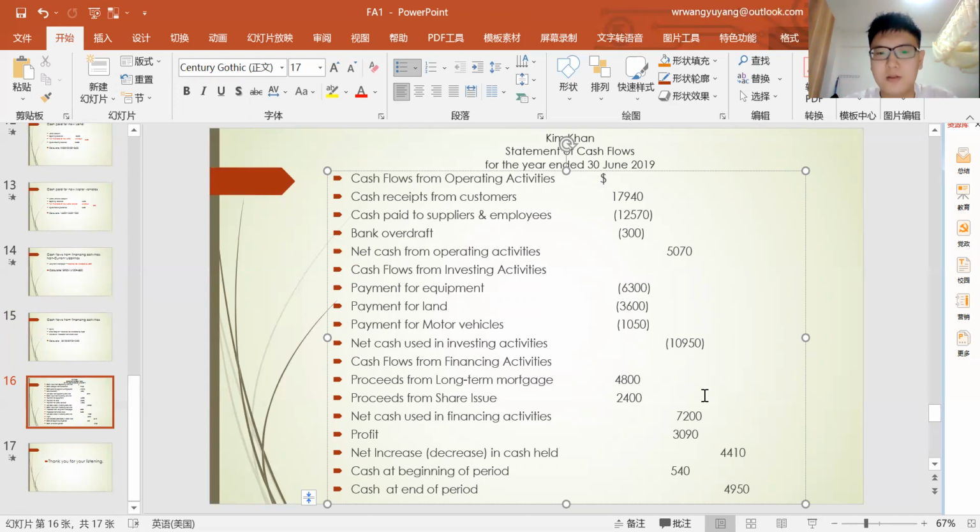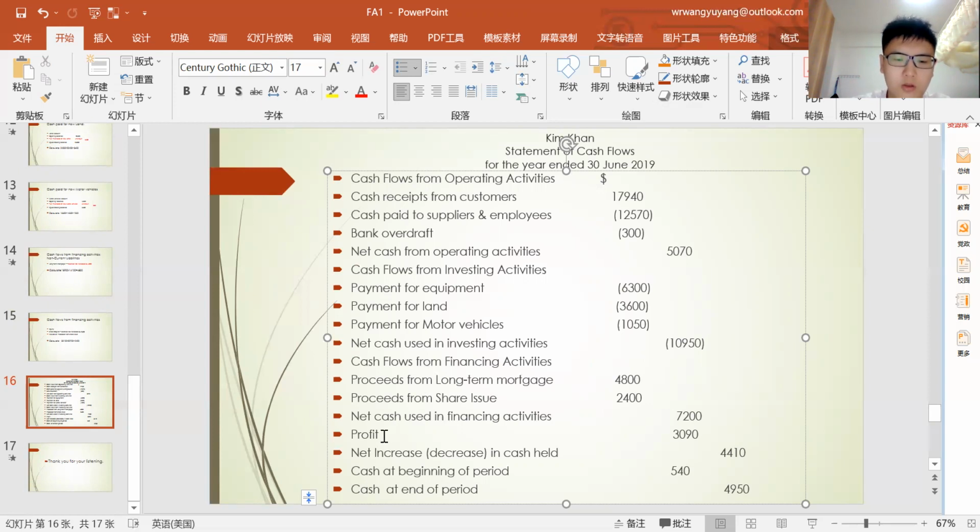The last step is financing activities. The net cash from financing activities is 7200, and we calculate it as the increase in mortgage 4800 plus the increase in capital 2400.